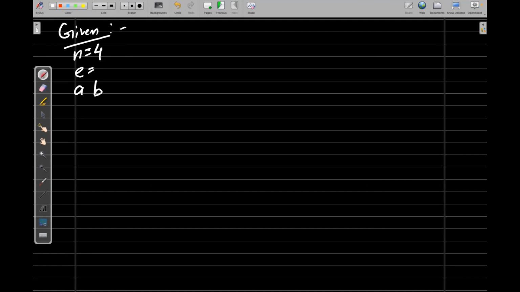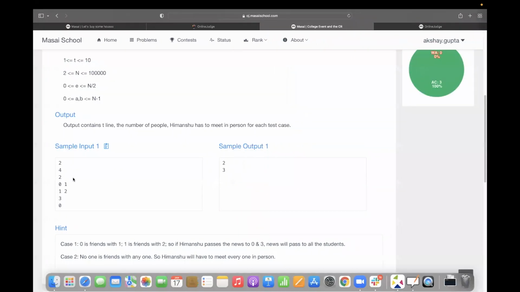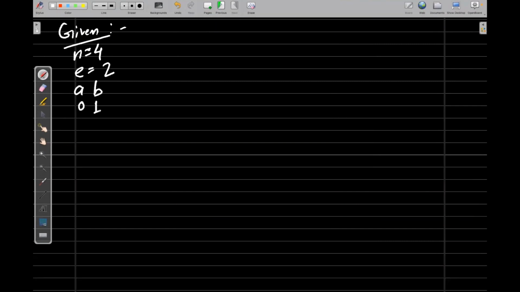Now E must be given in a b pairing. So what are those pairings? 0, 1 and 1, 2.